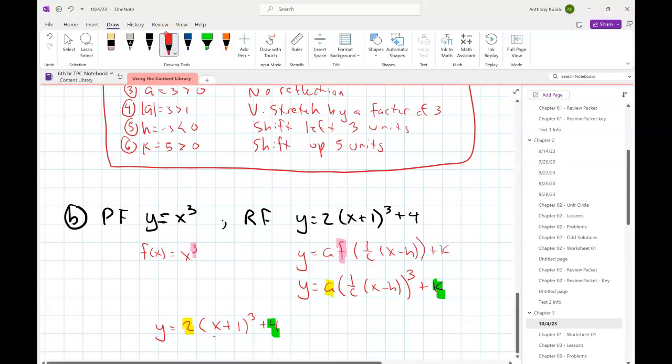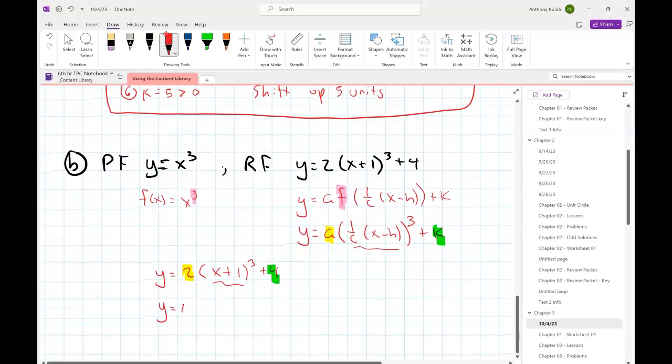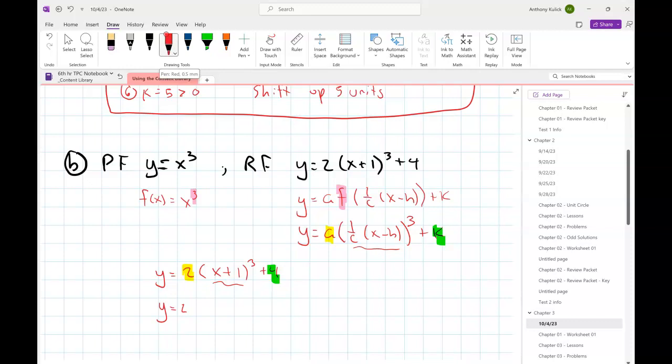So again, I need to write this 2x plus 1 as 1 over C times x minus H. Well, it should be easy to see the only thing in common between x and 1 is just 1, right? So all I can do is factor out a 1, which doesn't really change anything. Everybody's okay with that? And then instead of plus 1, I need to write that as a minus H. So I'm just going to think about it as minus a negative.